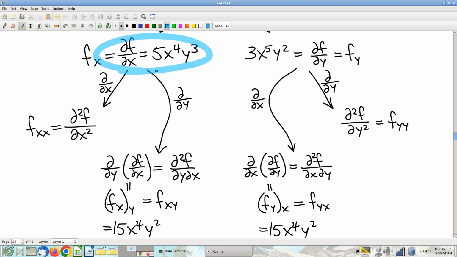Awkwardly, if you have the x partial that I've already computed there, and you then take the y partial of it, the way we represent this in practice is with this notation right here.